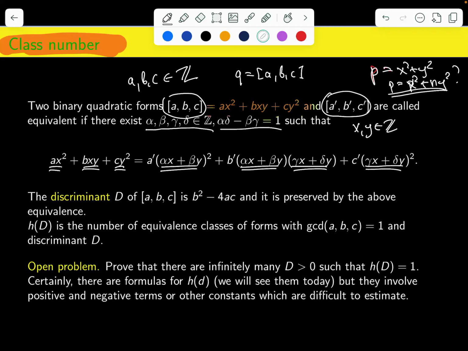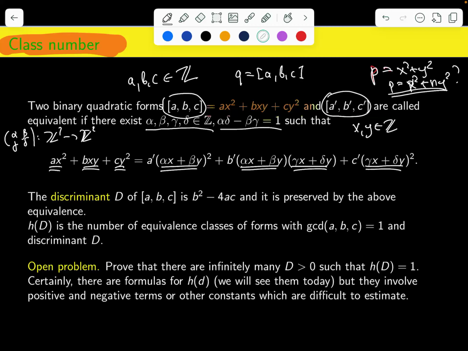Okay, so this alpha, beta, gamma, delta gives you a 2 by 2 matrix with determinant 1. So it means that this matrix sends Z² to Z². That's an isomorphism, right? And then naturally, the values of the forms (A, B, C) and (A', B', C') are the same. So it's a very natural equivalence relation.